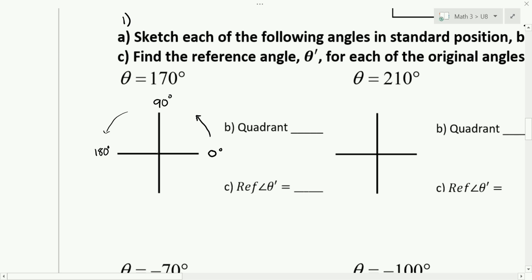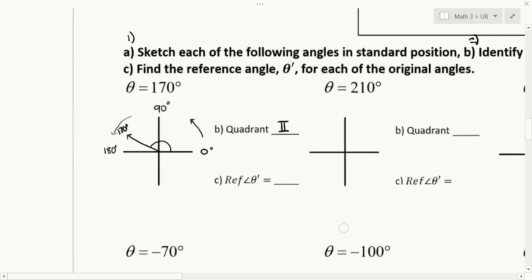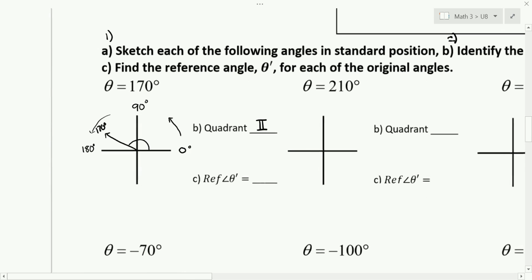Don't have to be exact, but it's closer to 180. And so this right here would represent our 170 degree angle, and that's in which quadrant? 2. Okay.